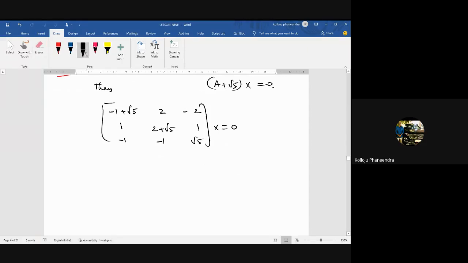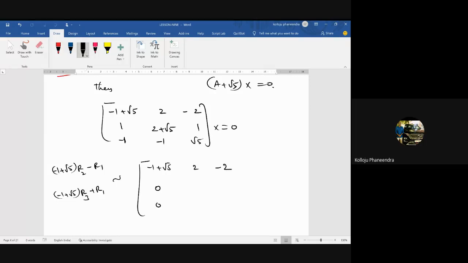Now, operations are what? R2 minus (minus 1 plus root 5) into R1, and R3 minus (minus 1 plus root 5) into R1. This is negative, therefore plus R1. So what is this? Minus 1 plus root 5, 2 minus 2, this is 0, this is 0.